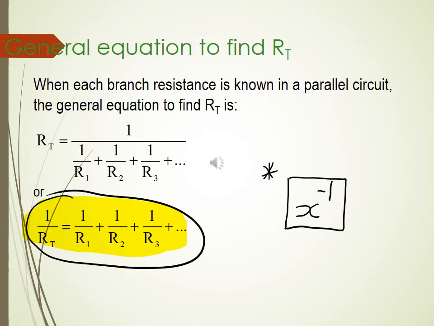A horrible formula, but actually it looks a lot more menacing than it really is. In the previous video, I gave a demonstration on how to use the 1 on X button on your calculator, which makes the formula, which I've highlighted in yellow, really very easy.